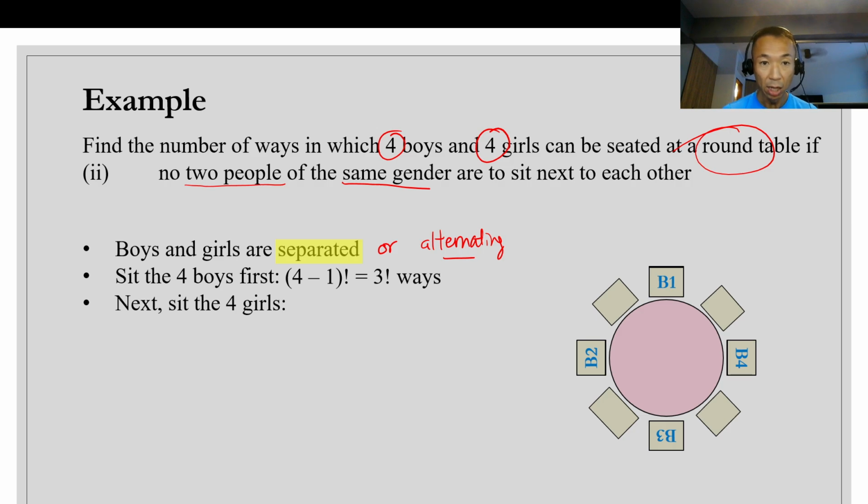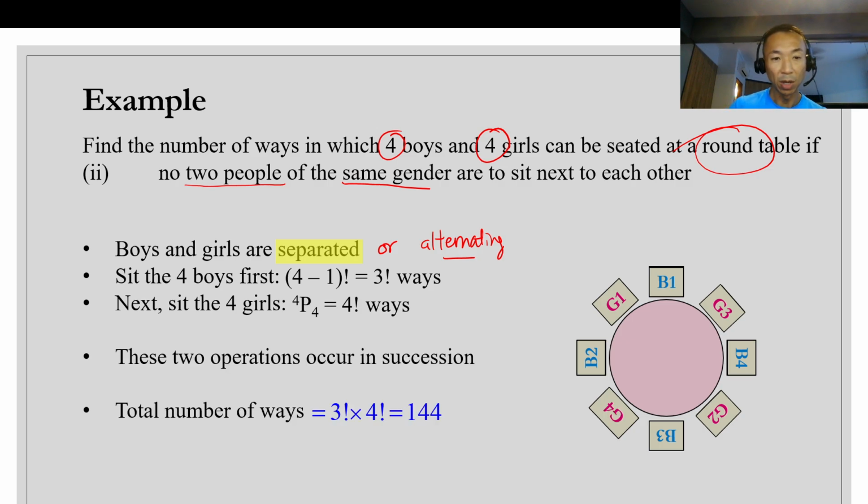Then you arrange the 4 girls using 4 factorial because there is already a relative position fixed. There are 4 ways to seat the first girl, because these 4 slots are distinct. So 4 times 3 times 2 times 1, so it is 4P4 or 4 factorial, either way you want to do it.